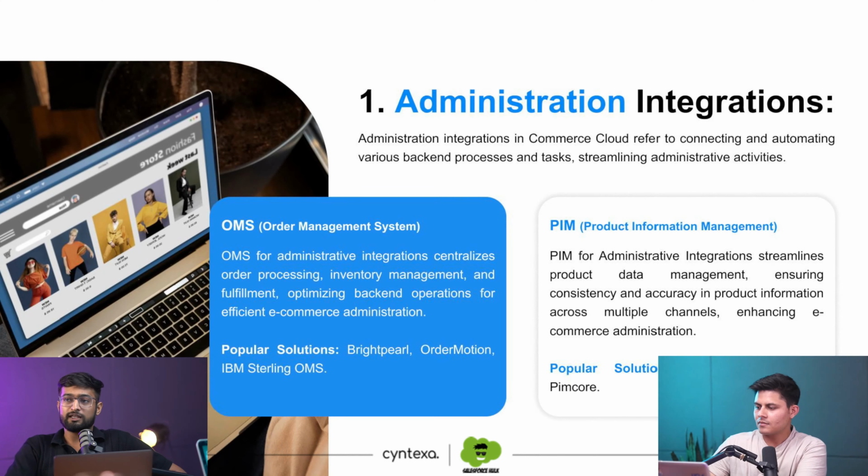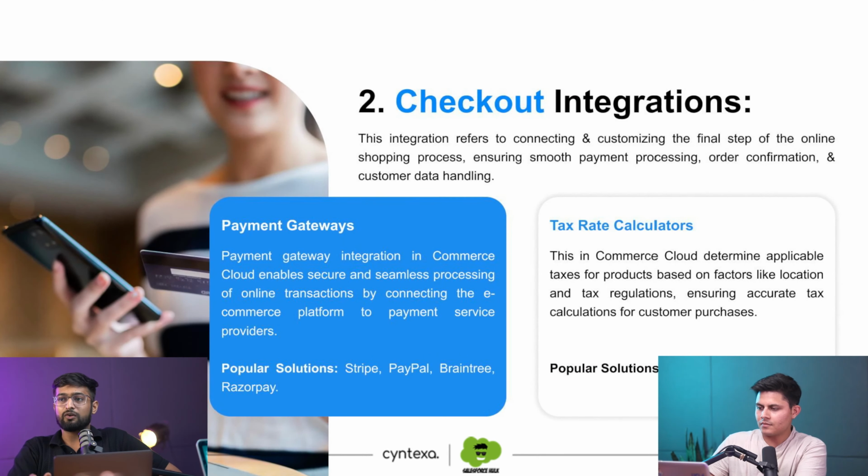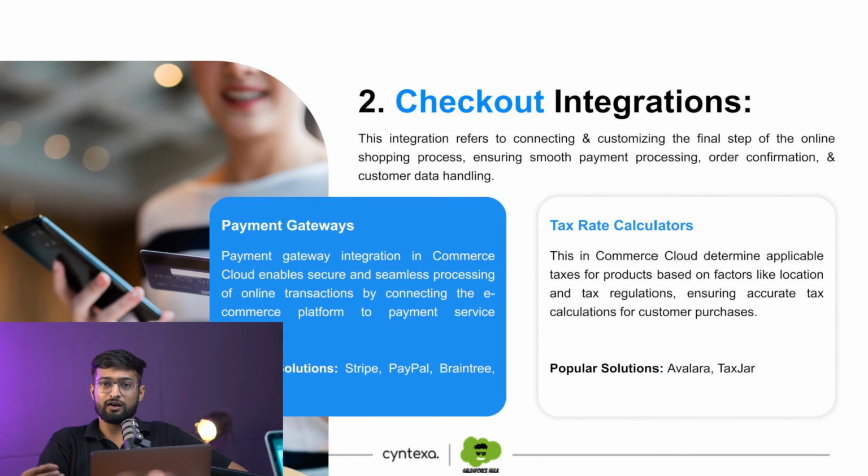The next thing would be the checkout integrations. So inside checkout itself, we have a lot of integrations that we can do. Definitely the first one is the payment gateways. Salesforce itself provides a solution called Commerce Payments. Now Commerce Payments is something, again, when we were talking about managed packages and unmanaged packages, the cartridges, Commerce Payments doesn't reveal its code itself.